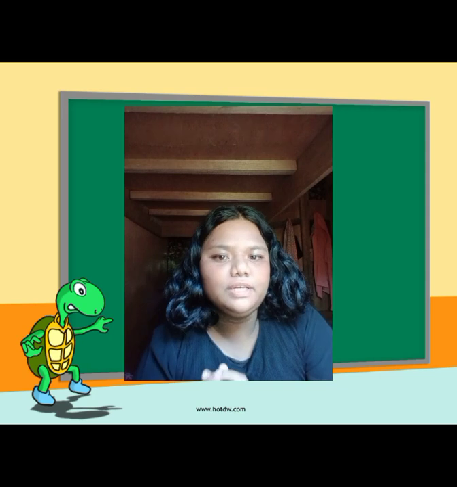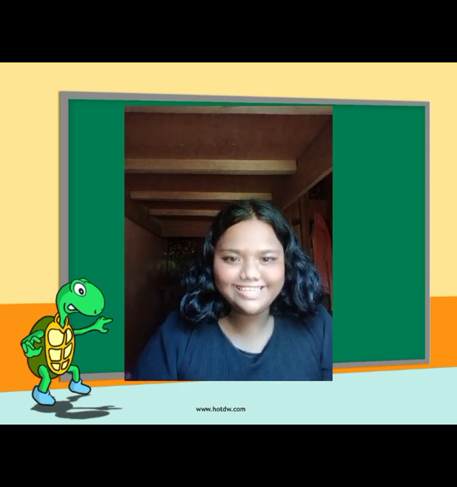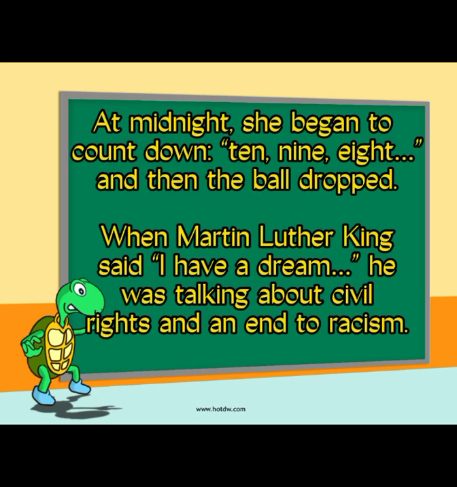So here are examples of how to use ellipses in a sentence. At midnight, she began to count down: 10, 9, 8... and then the ball dropped. When Martin Luther King said, "I have a dream..." he was talking about civil rights and an end to racism.